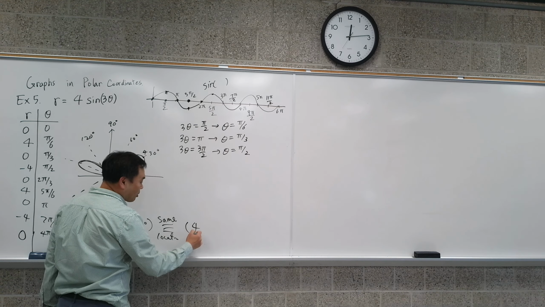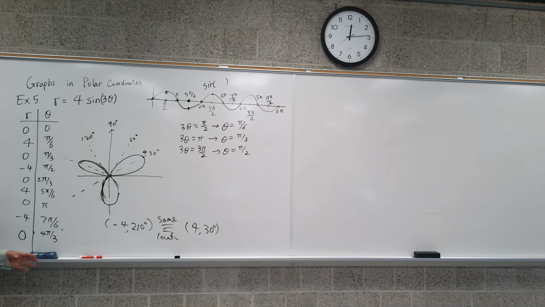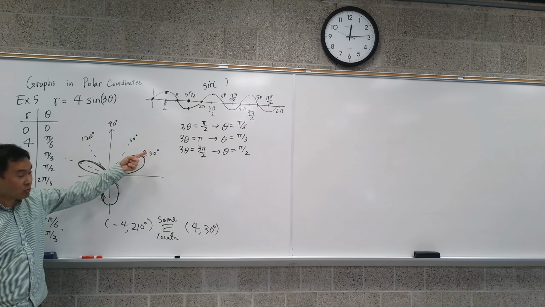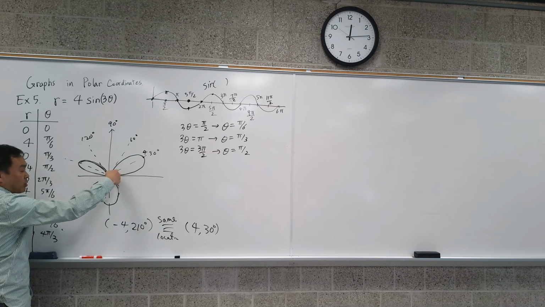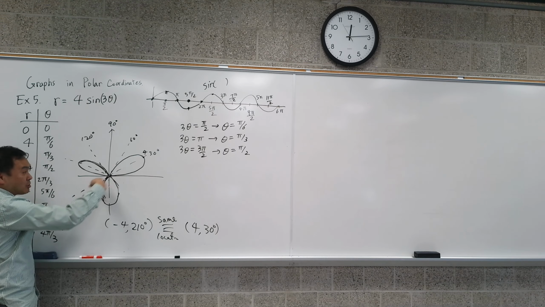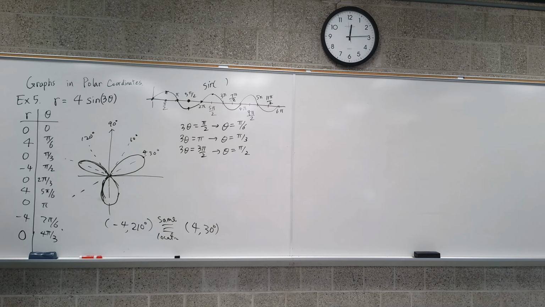So 4, 30 degrees, they point to the same exact location. Do you see it? 210 degrees is this way, 30 degrees is that way. Going 4 steps in 30 degrees direction is the same thing as going backward -4 steps in the 210 degrees, because in this direction, if you go backward by 4, you get to the same point, right?